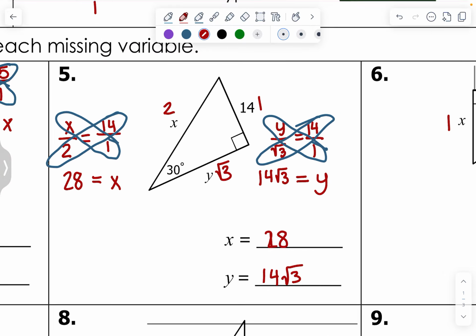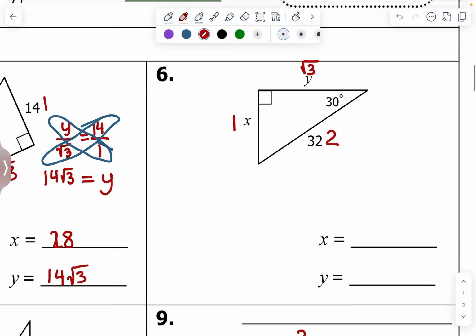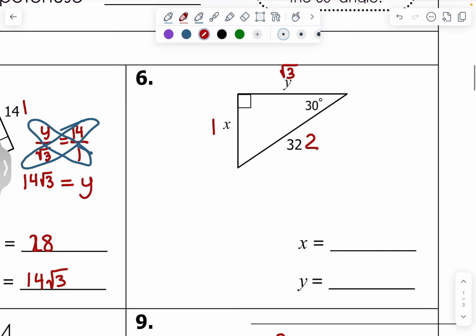All right, let's move on to number 6. Here we're going to get to use a shortcut. Let's find x first. We have x over, what is the rule with x? The rule with x is the number that we labeled right next to x. And so that number is 1. So we have x over 1 equals our given side, which is 32, over 2.